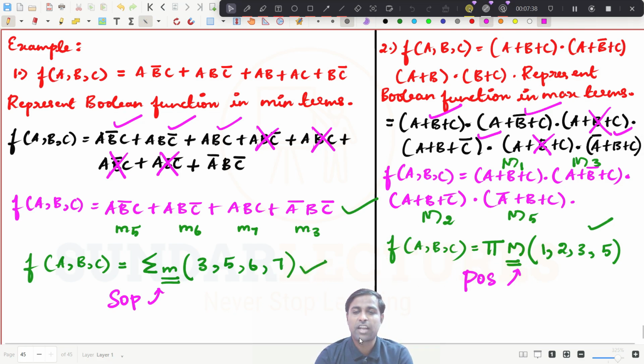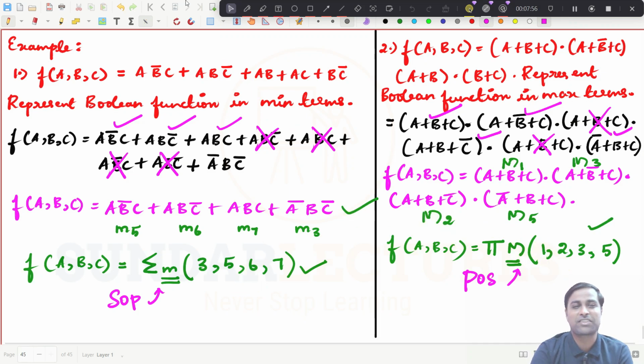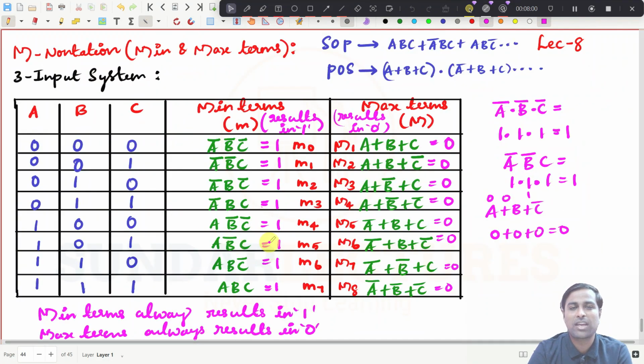And I will tell you one thing now. The SOP and POS functions are inverse in nature. If you take an SOP function, then that will be the direct opposite of the POS function. Anything it may be. You see here, why is this happening? See here, this always results in 1, this always results in 0. That is the whole idea, right?